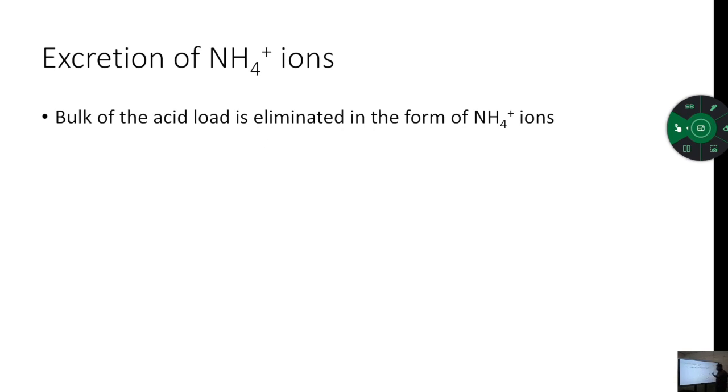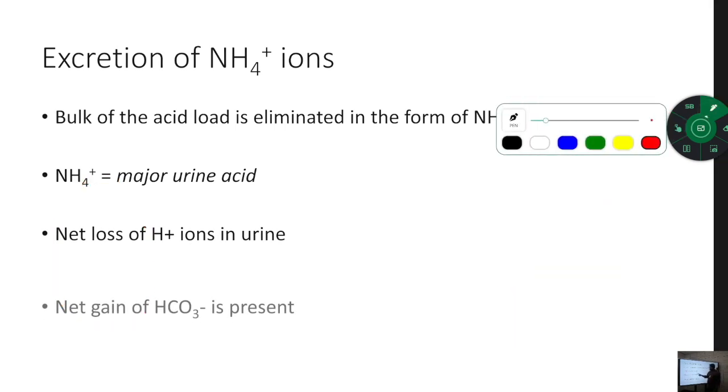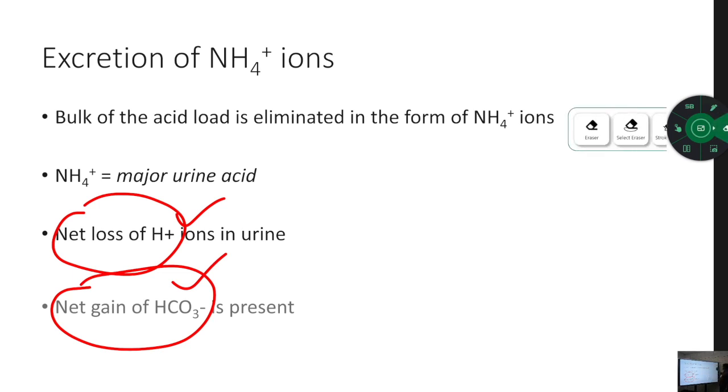That is how ammonium is very important to the body, and some scientists consider ammonium a major urine acid. Some scientists say this is a very prominent mechanism when compared to the other strategies. As you can see, there is a net loss of H plus in this, and also a net gain of bicarbonate at the plasma side. So you have all this now.